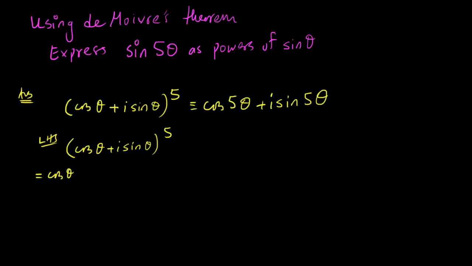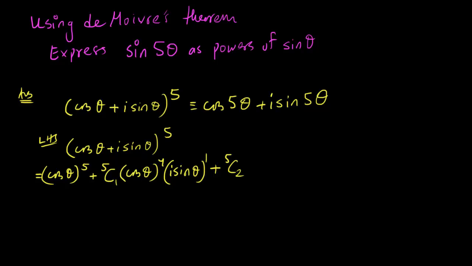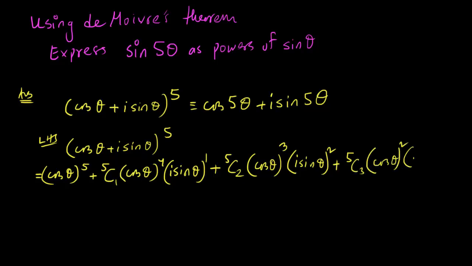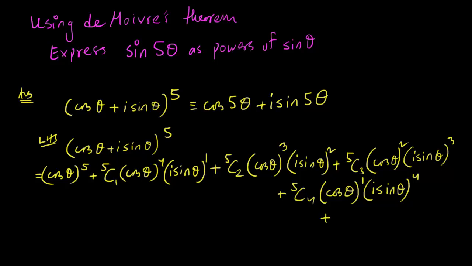So the first term is going to be cos θ to the power 5 plus 5C1 cos θ to the power 5 minus 1, which is 4, multiplied by (i sin θ) to the power 1, plus 5C2 cos θ to the power 3 (i sin θ) to the power 2, plus 5C3 cos θ to the power 2 (i sin θ) to the power 3, plus 5C4 cos θ to the power 1 (i sin θ) to the power 4, plus the final term is going to be (i sin θ) to the power 5.